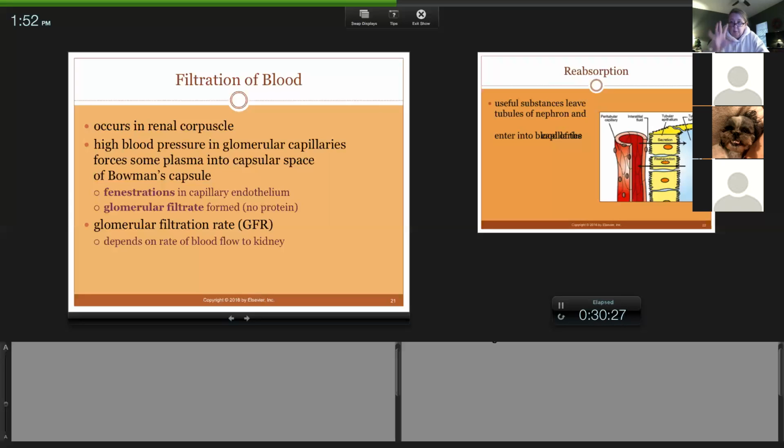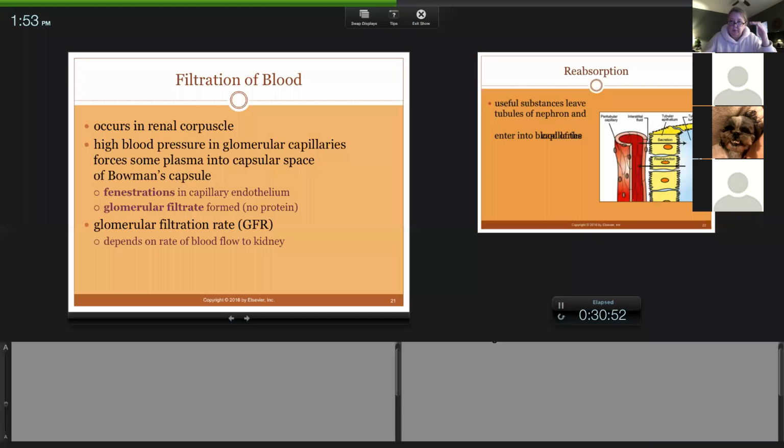So if I have an animal with high blood pressure, that means the pressure coming into the glomerulus is under high pressure. What can happen is, first of all, you're going to increase the rate of GFR. So you're going to increase filtrate, and could increase urine production. But I also might get things in the urine that get pushed through accidentally, like protein.